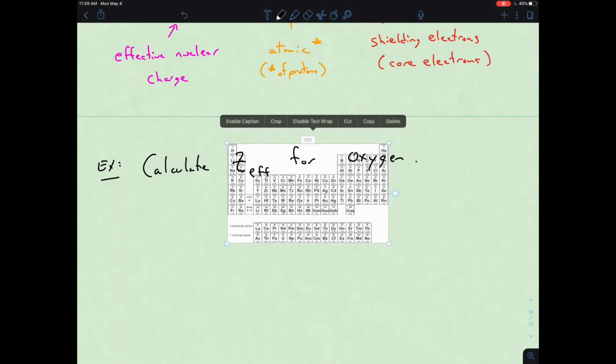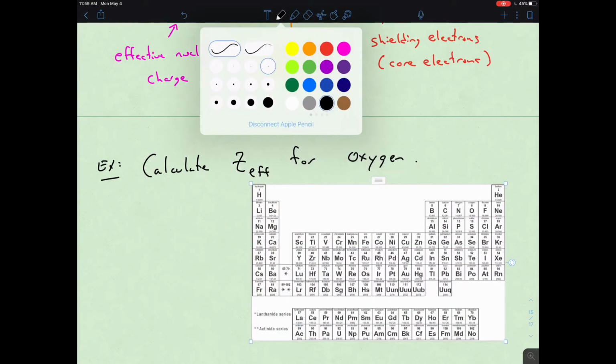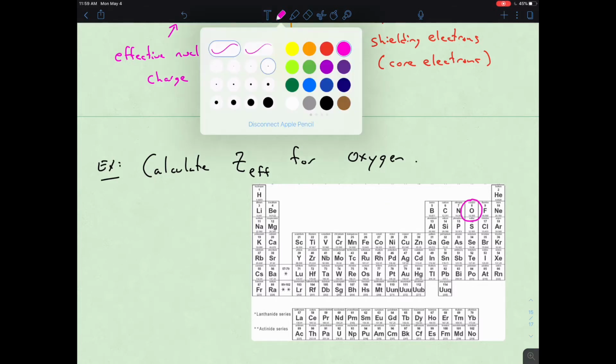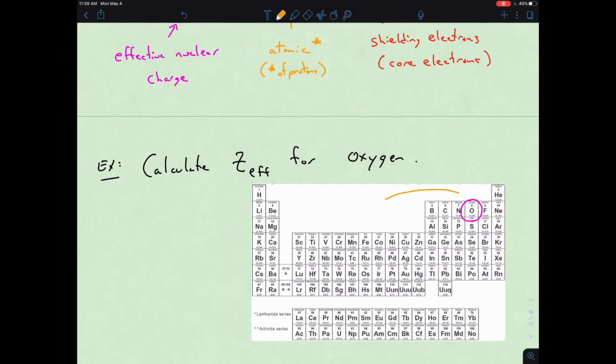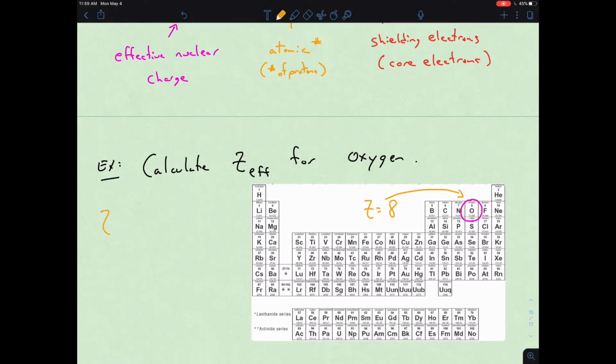And if we bring back our periodic table, we have here our oxygen atom. And if we look at essentially its Z is equal to 8. Right, that's its atomic number. So oxygen has this Z value equal to 8.